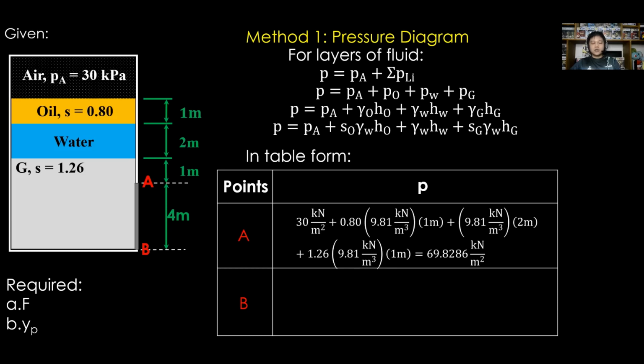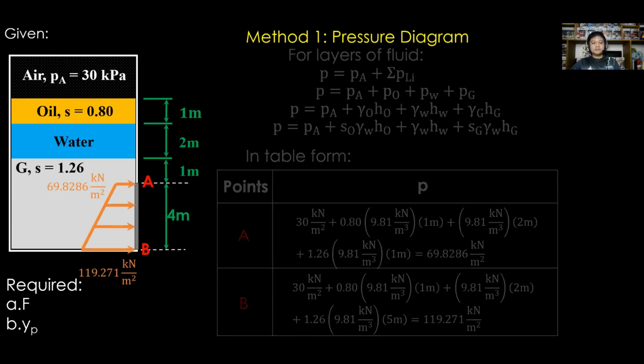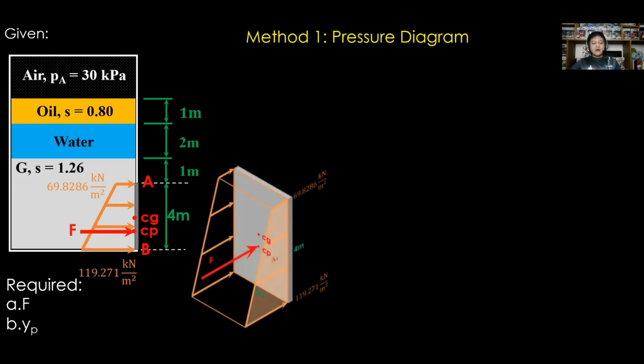69.8286 kilonewtons per square meter. While for P at B, the sum is 119.271 kilonewtons per square meter. Assign the pressure values at A and B. Then, draw the pressure diagram. Determine the values of force F and location y sub p.